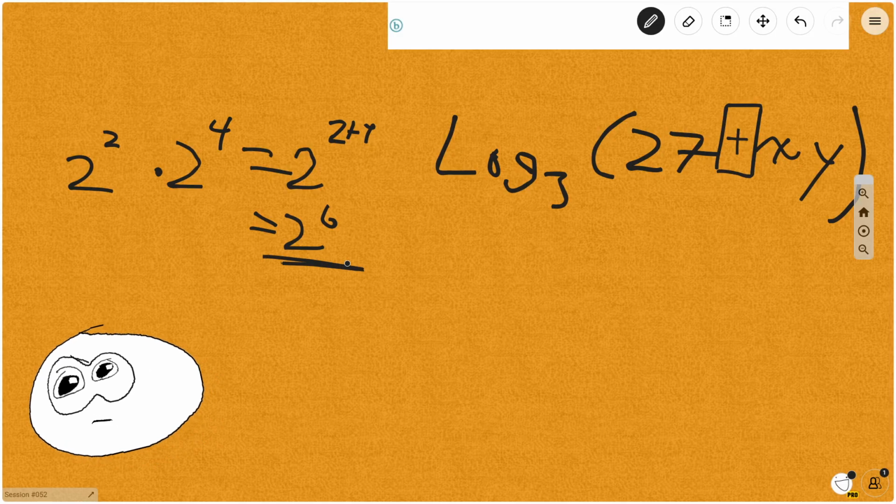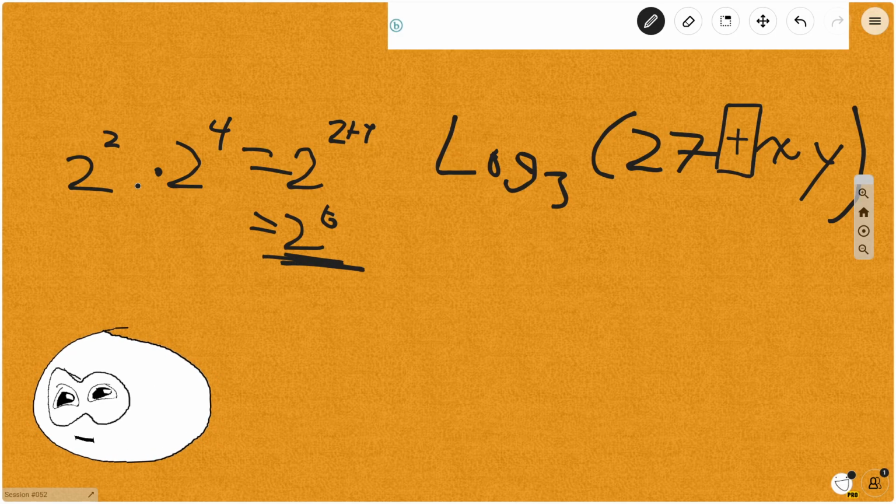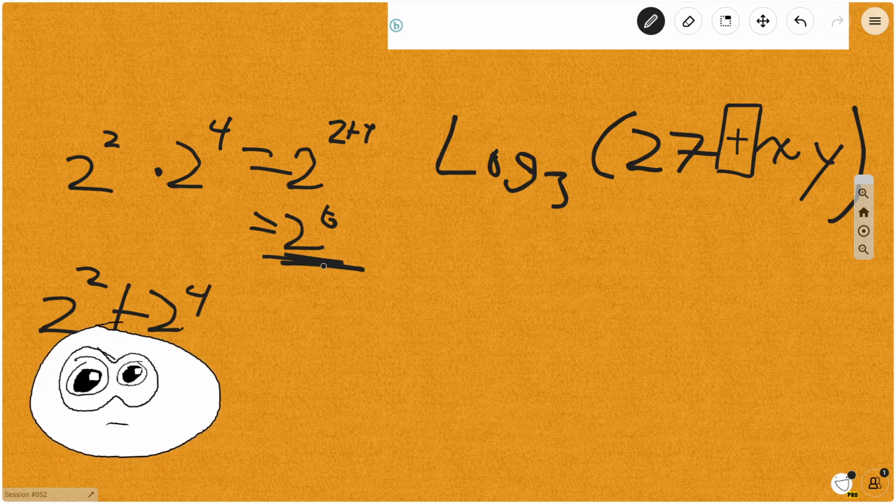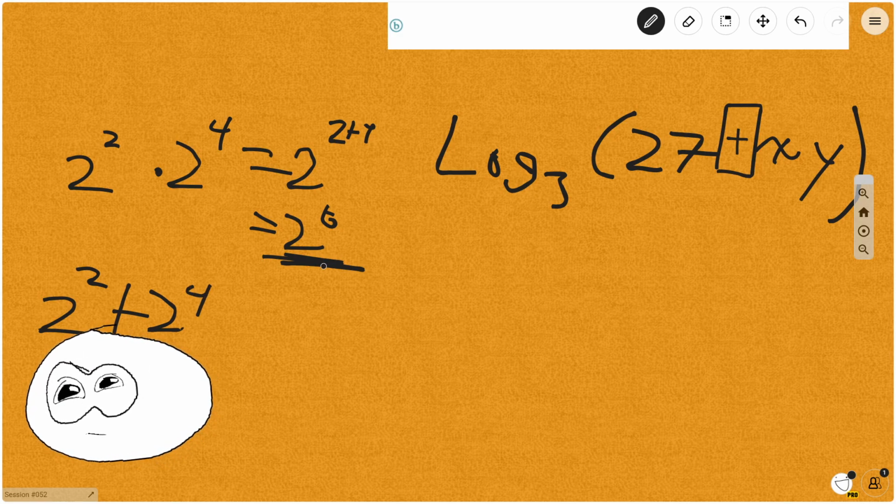And then that's an actual number, right? But if you have something funky like 2 to the power of 2 plus 2 to the power of 4, yes, you could solve that as a number equation, but you cannot combine them.